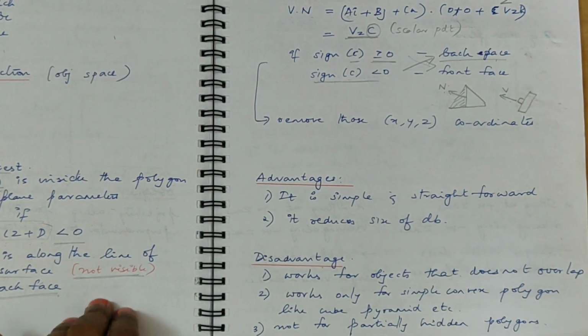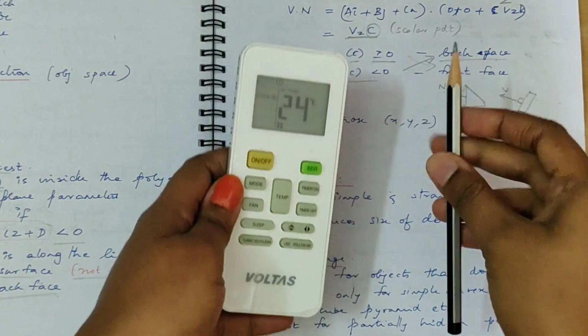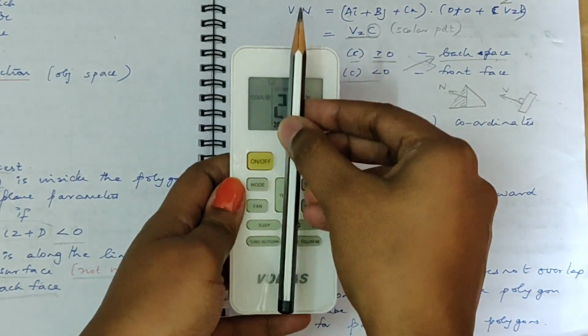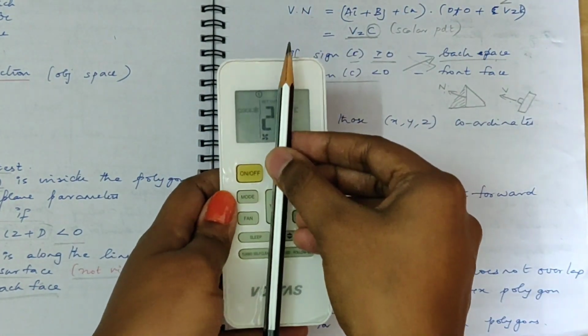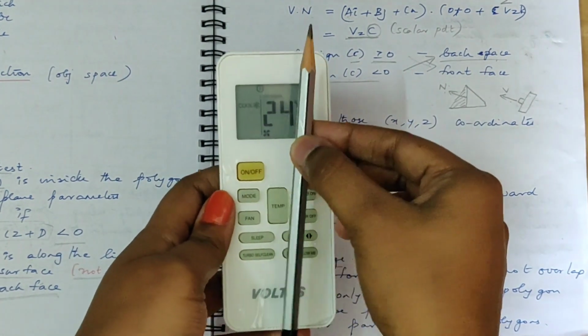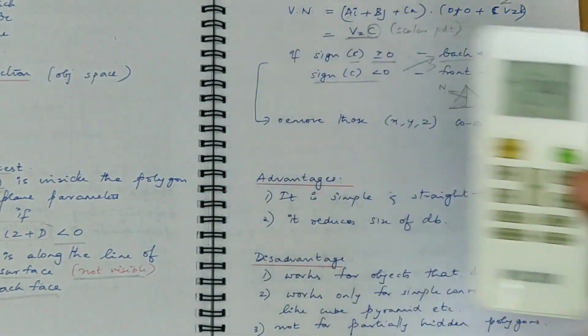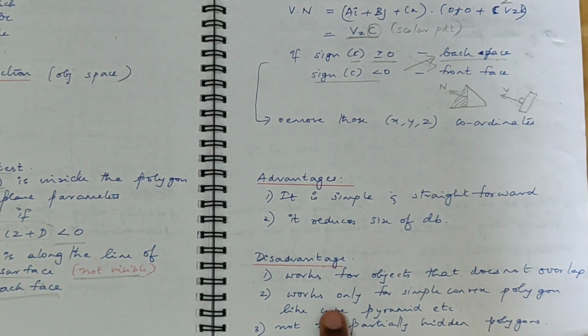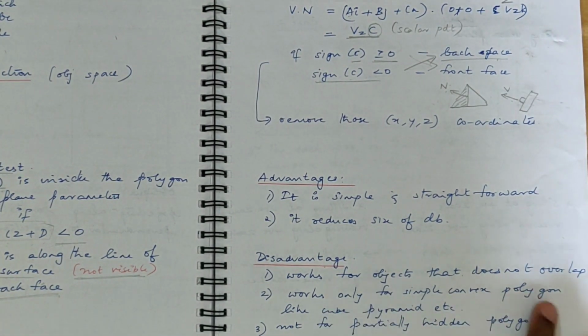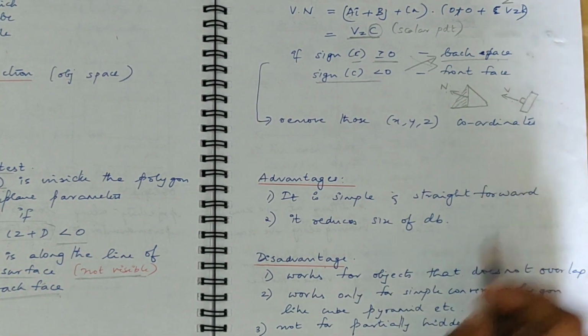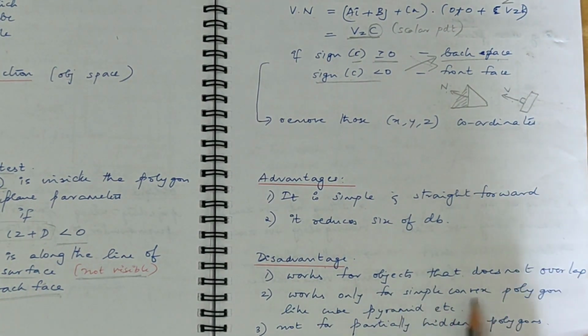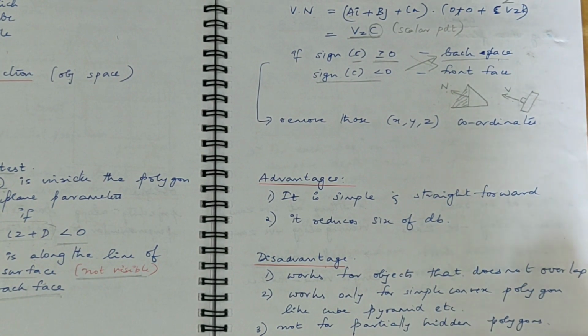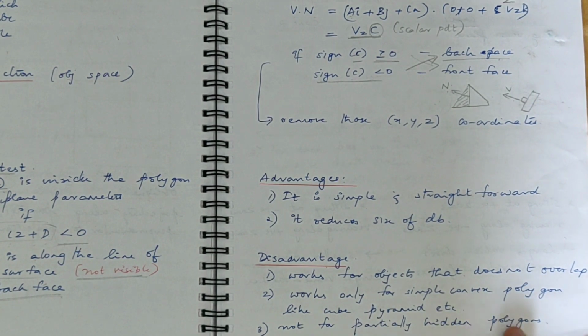There are more disadvantages for this back face detection method. This method will work fine only for objects that do not overlap. As I told before, it should be two separate objects. If there is overlapping between the objects, then this will not work fine. Also, this works only for simple convex polygons like a cube, a pyramid, etc. If you have a concave polygon where you have partially hidden surfaces, then this method will not work fine.